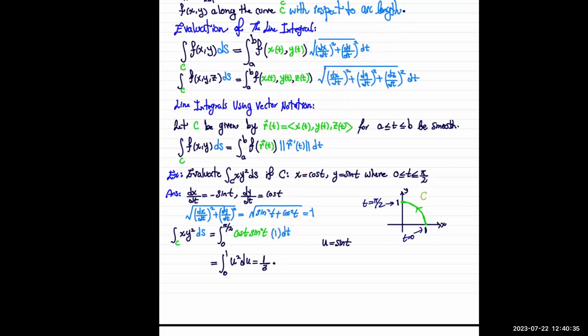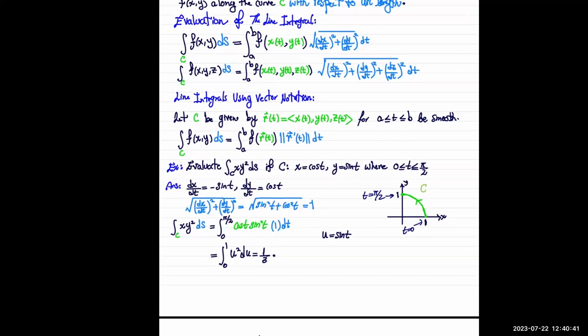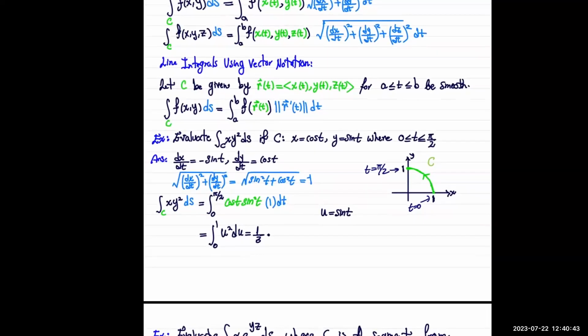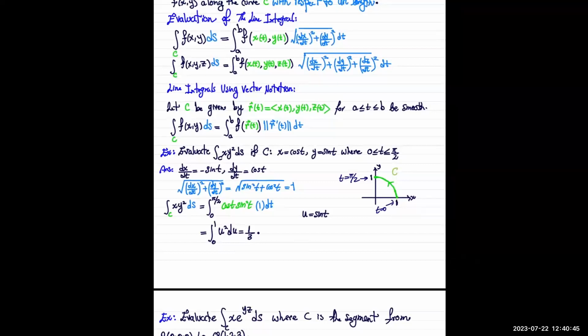So the integral turns into a simple, hopefully simple, trigonometric integral, which can be done by a u substitution, right, guys? If you let u equal to sine of t, then du is just cosine of t dt.